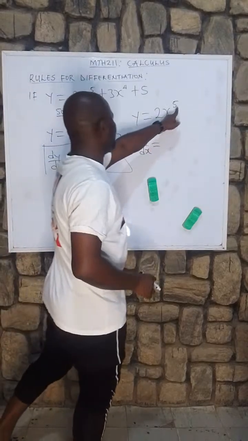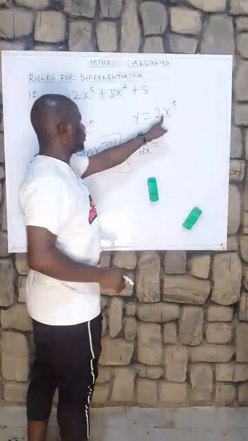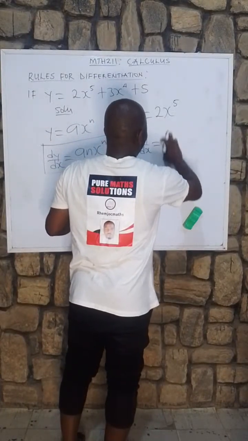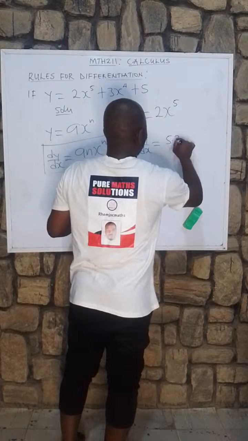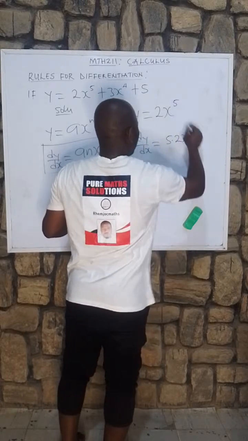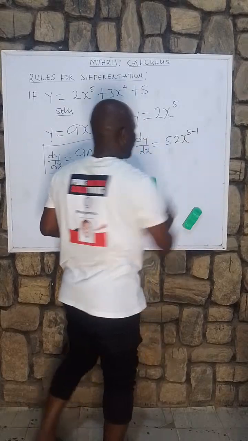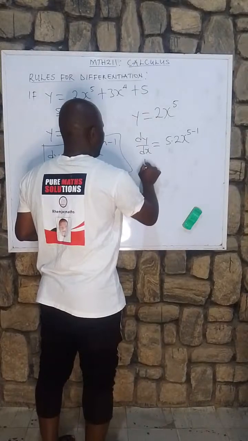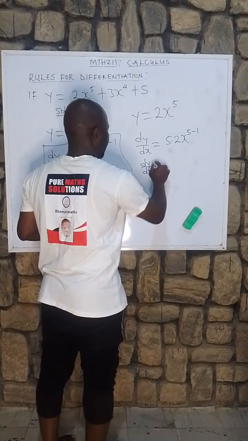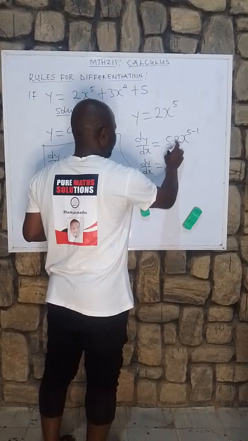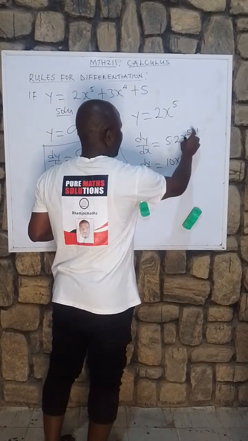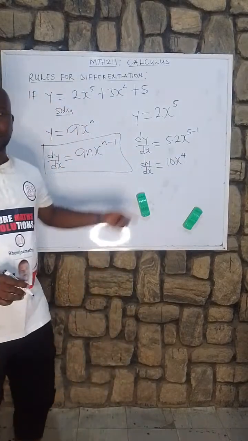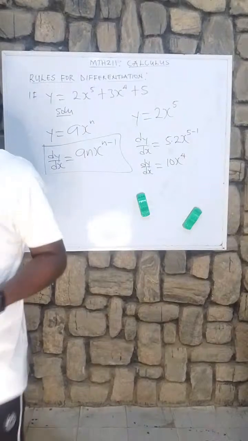Use this 5 to multiply this 2. So here will now be 5 times 2x raised to the power of 5 minus what? 1. True or false? It is true. Then dy all over dx is equal to 5 times 2, 10x raised to the power of 5 minus 1, 4. This is all. Is it difficult? No.